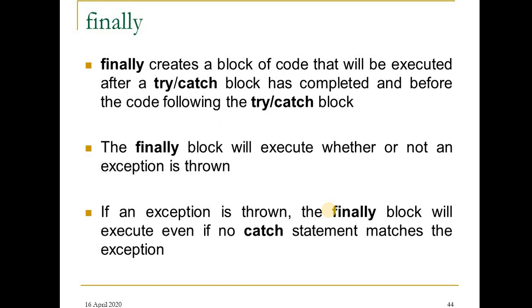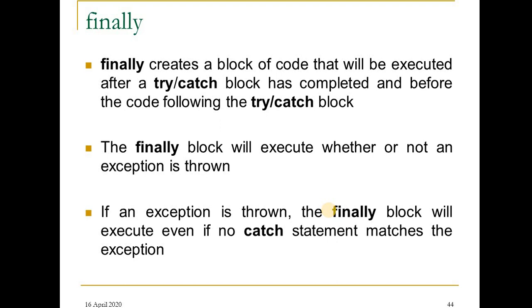For example, if you have opened a file before the exception occurred, once the exception occurs the program execution stops, and the code which specifies that the file has to be closed might be bypassed in the try block.